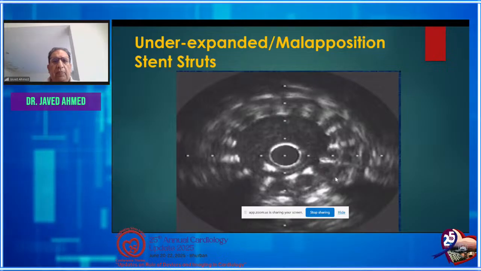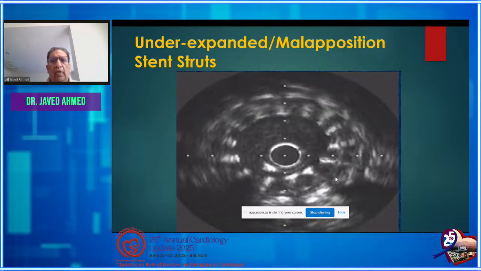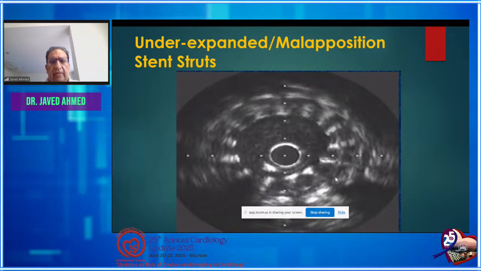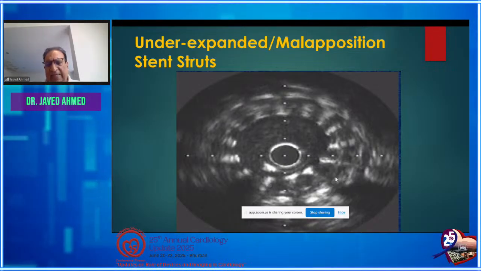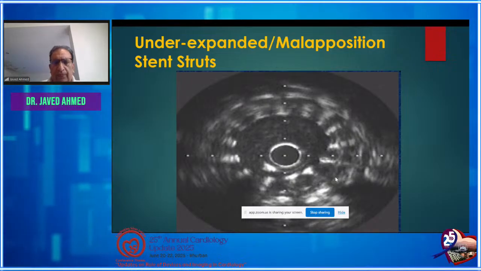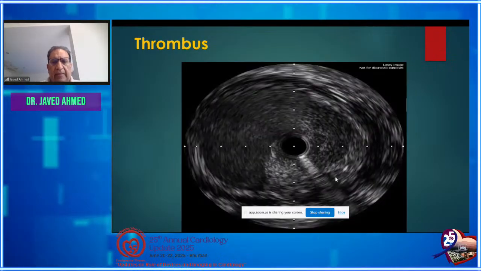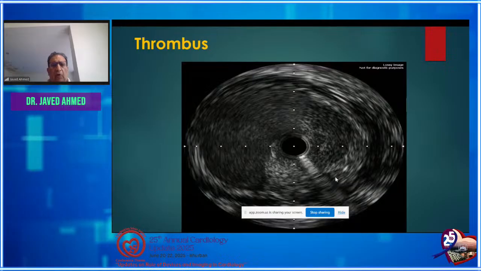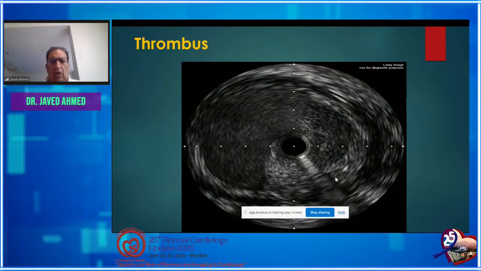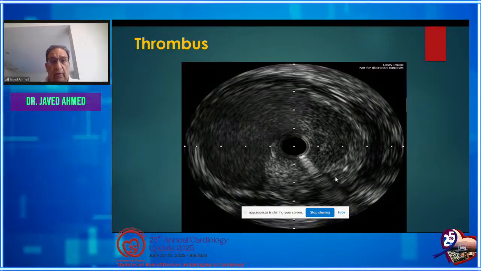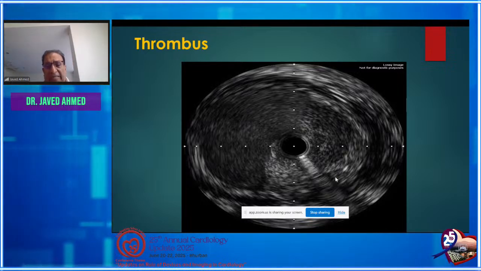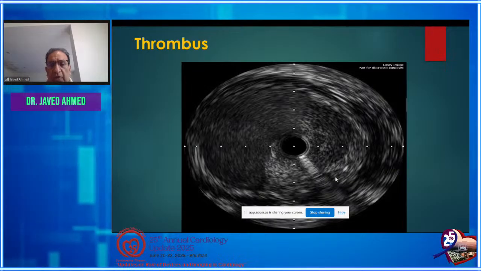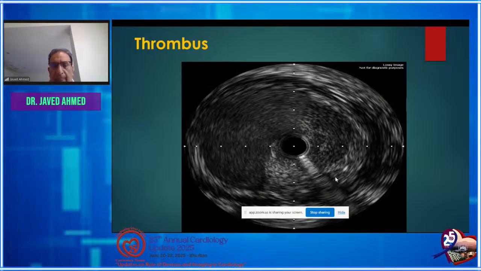This is an example of underexpanded or malapposed stent struts. You can see at the 6 o'clock position, the struts are not fully apposed to the vessel wall. And this is an example of thrombus as visible on IVUS, although thrombus is much more easily recognizable on OCT or OFDI.